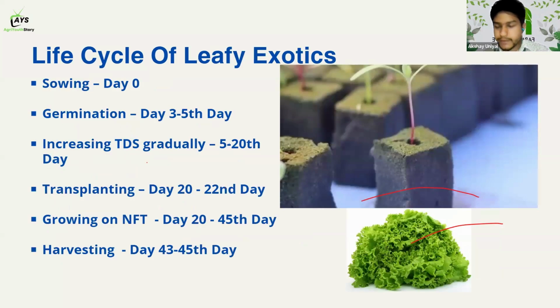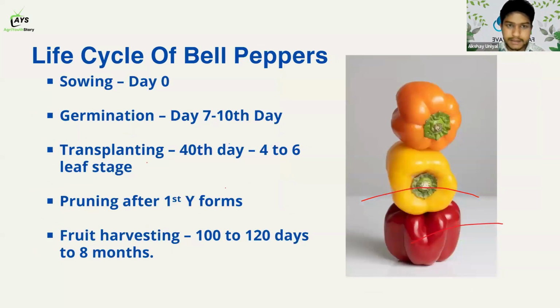So for leafy greens, the growing media that is used in the seedling stage is a soilless cube. After that, when it is transferred to the main system, the NFT or DWC, then the growing media is usually clay pebbles. And in this case, for the bell peppers, it will be coco coir all along.